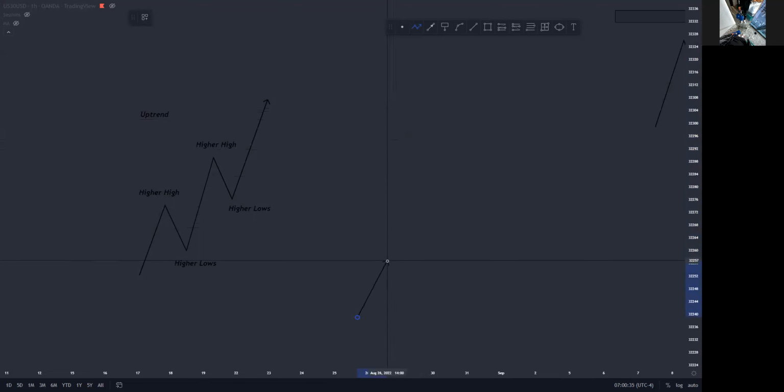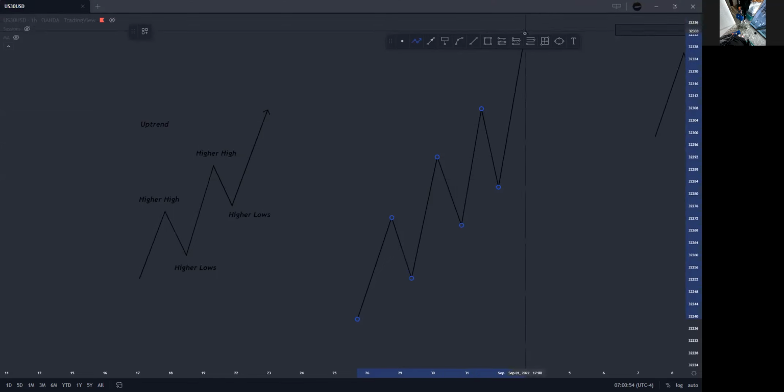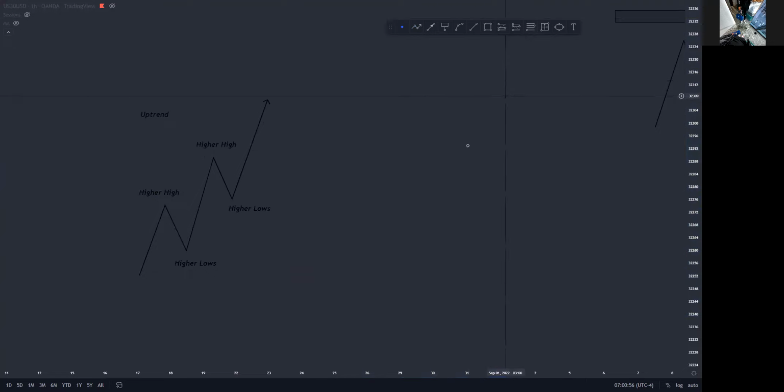So this is why the market has to pull back, make a level of support, continue higher, get a new high, pull back, come a little higher, pull back.